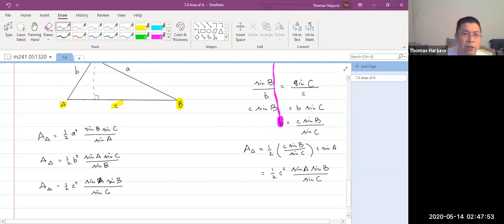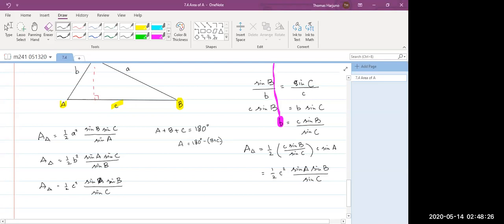I want to improve this formula a little bit. By the following observation, we know that A plus B plus C equals 180 degrees, right? So angle A is equal to 180 degrees minus the sum of B plus C. Are you with me? Yes.